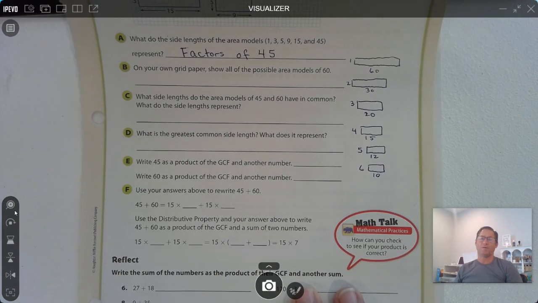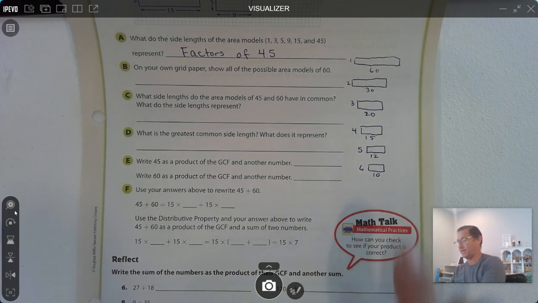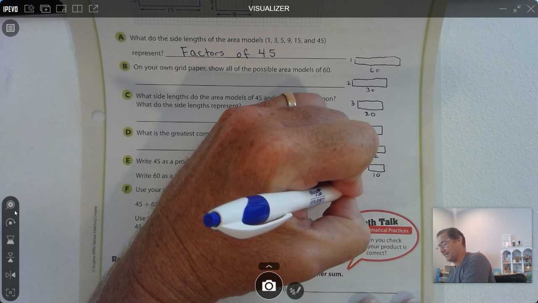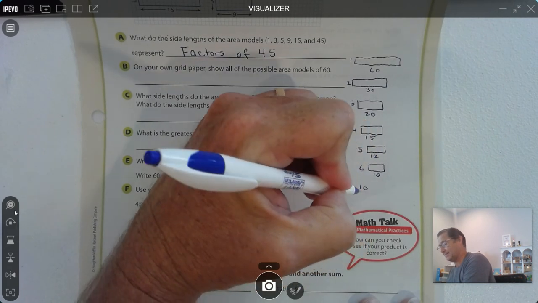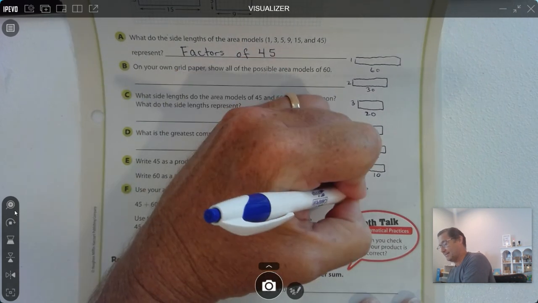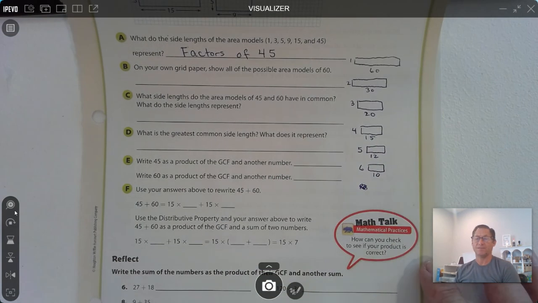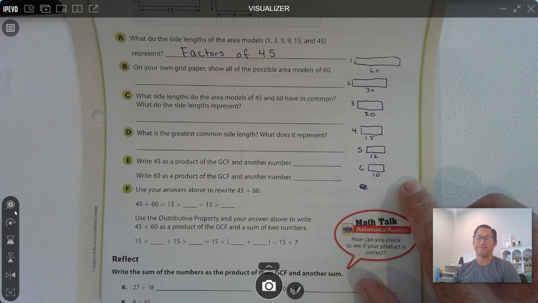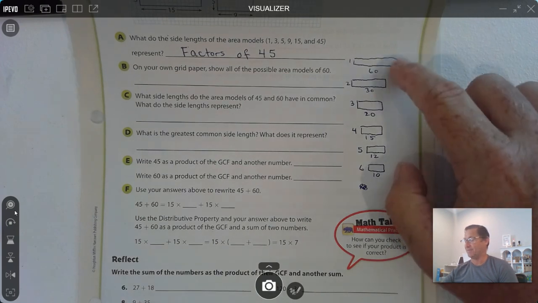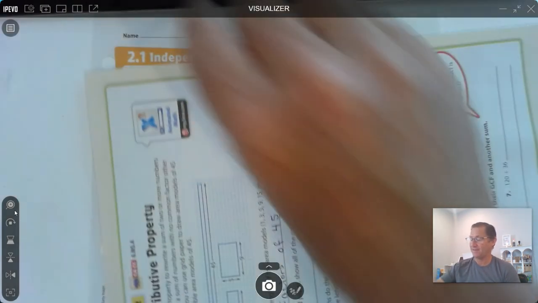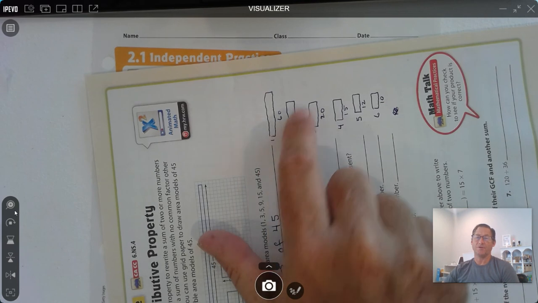8 will not work. 9 will not work. And we know that 10 will work. So we could have a 10 by 6. So we just really wanted to list all the factors. We're not listing different orientations, like if I turn these sideways, we could have a 60 by 1, a 30 by 2, and so on.